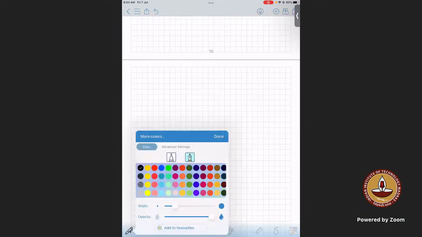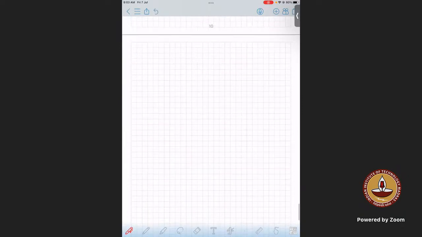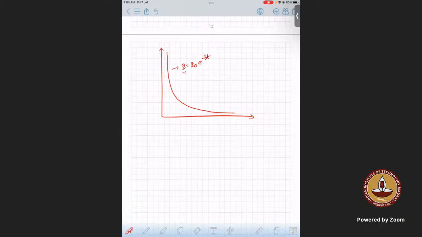Then I will brief you one thing. Suppose there is a function like this: q equal to q naught into e power minus bt, where q is the production rate and q naught is the initial production rate.